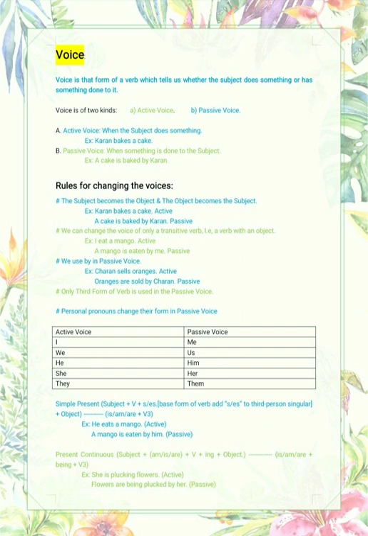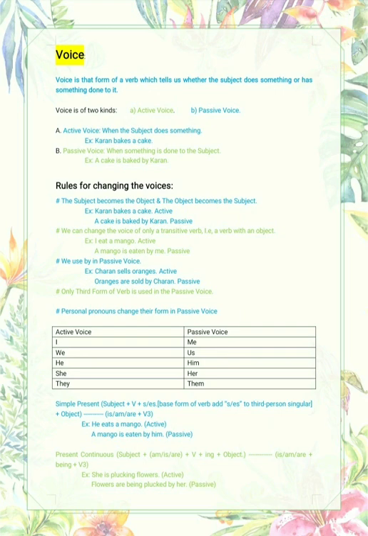When we change the simple present from active to passive, we will use is or am or are plus V3, like he eats a mango. This entire sentence is in active voice. And when we convert the sentence from active to passive, we will get a mango is eaten by him.